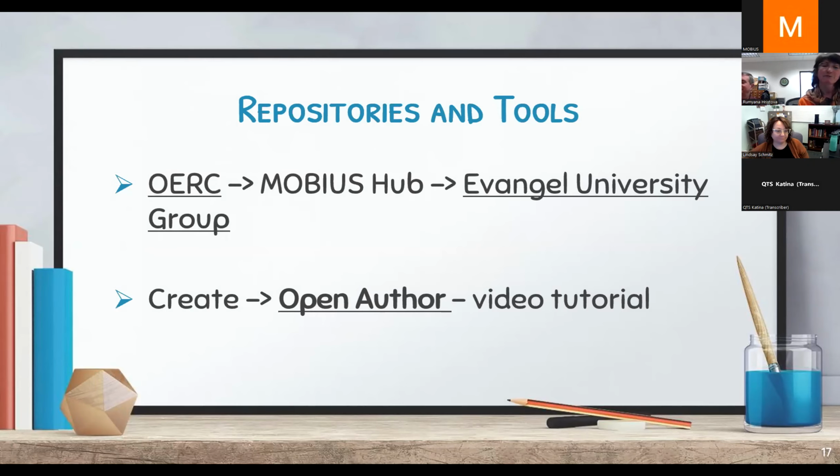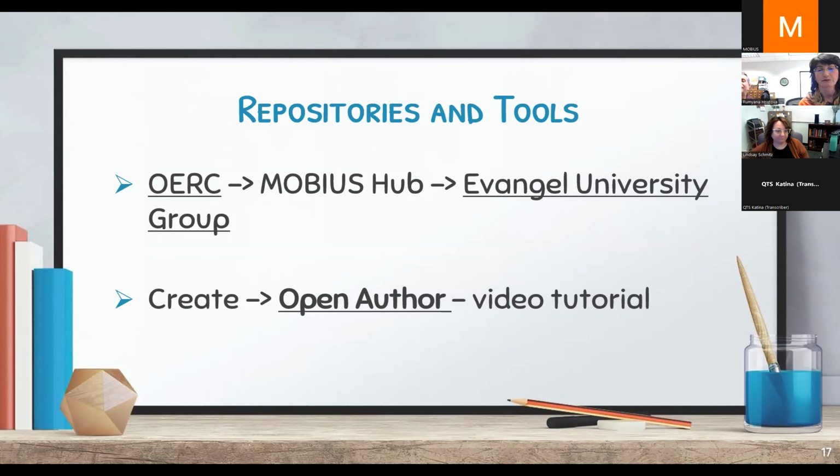And so the repositories and the tools that we have used for our projects are the Open Educational Resources Commons in our case, and the Mobius Hub, and the opportunity that we have through Mobius to join that hub, as we have the Evangel University group on the hub. It's been very beneficial for us, because we cannot pay the subscription.